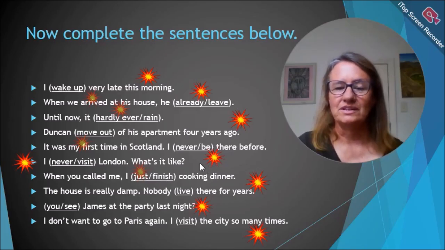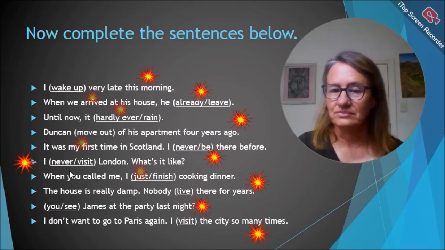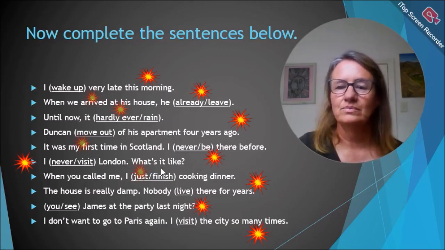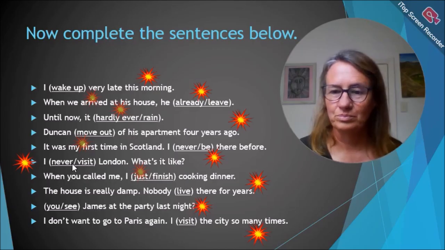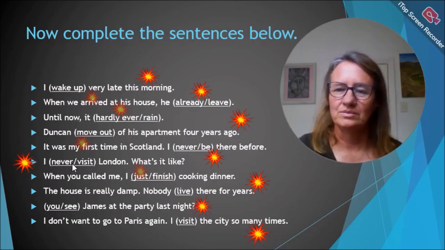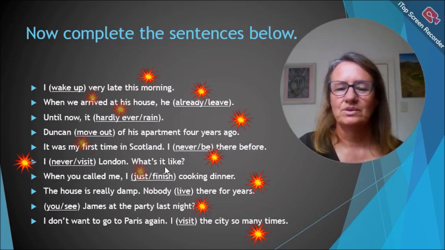Let's have a look at the next one. I never visit London. What's it like? So again, we know we've got never. It's telling perfect. Which one? Present or past? Second part here in the question says, what is it like?